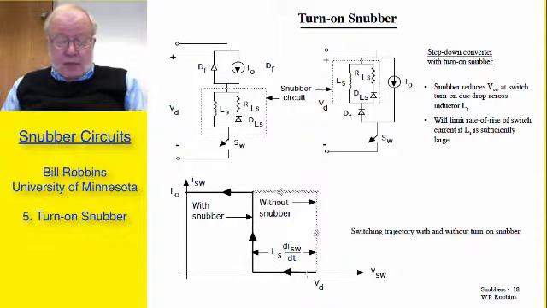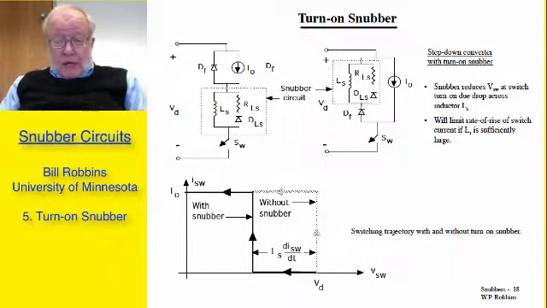And that means on the switching trajectory you have an immediate decrease in the voltage across the switch because of that stray inductance. Without the snubber, particularly that inductor, you would have the full power supply voltage across the switch as you are turning the switch on.